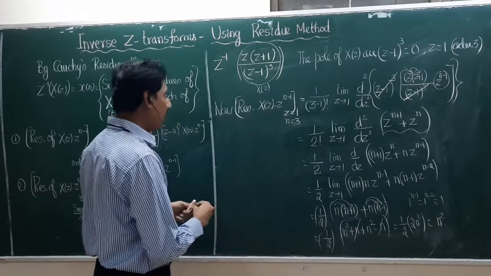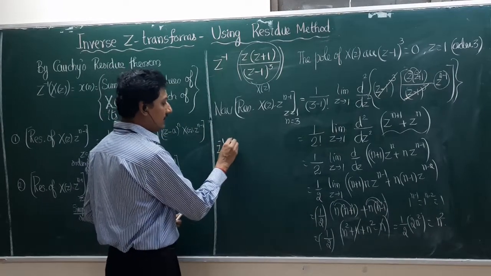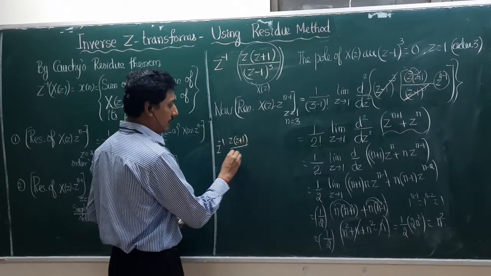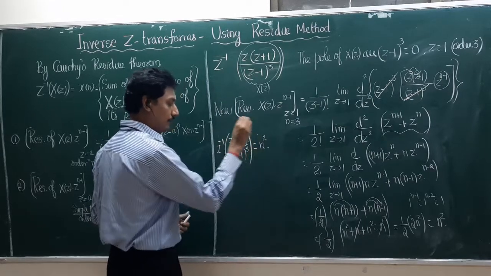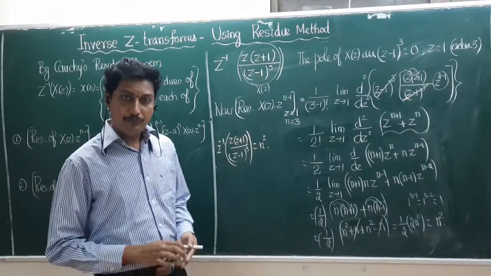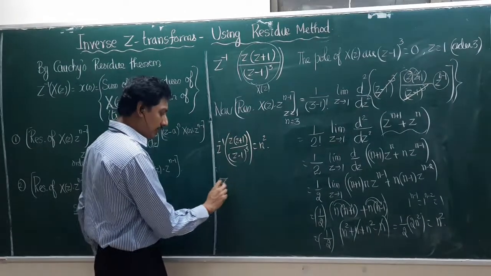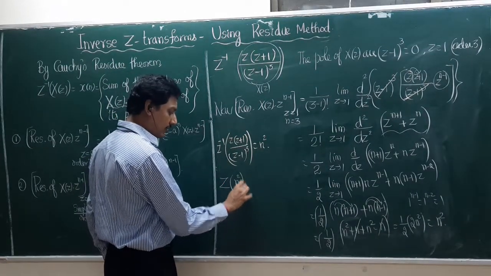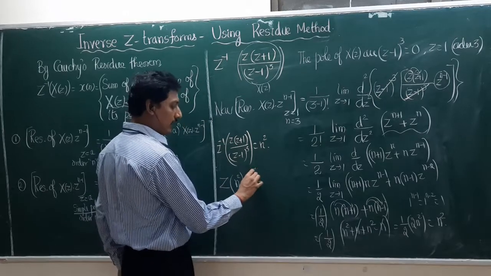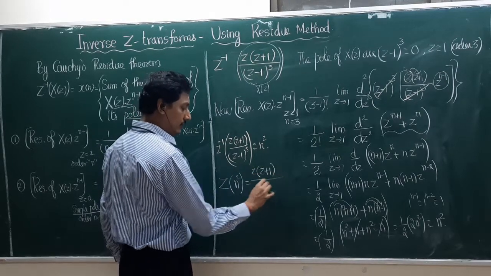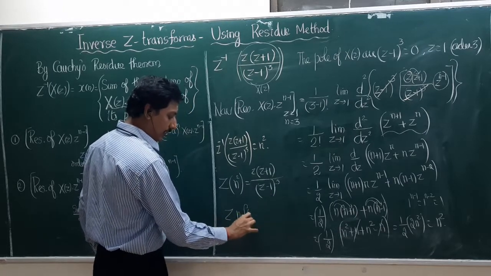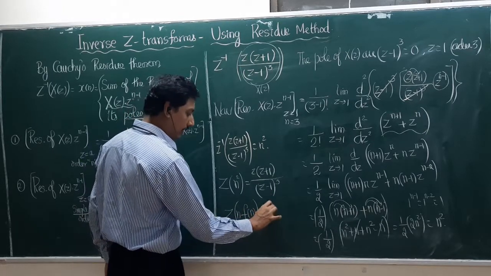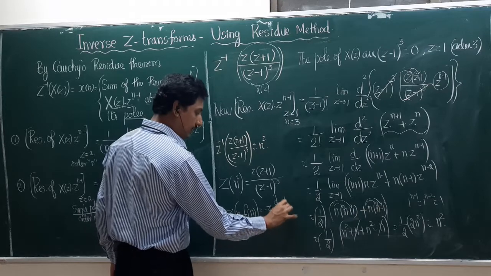So the answer for Z inverse of z into z plus 1 by z minus 1 whole power 3 is n squared. But some of you, if you already know the Z transform of n squared, yeah, we got this Z transform of n squared is nothing but z into z plus 1 by z minus 1 whole power 3, by using the formula n into f of n equal to minus z into d by dz of F of z.